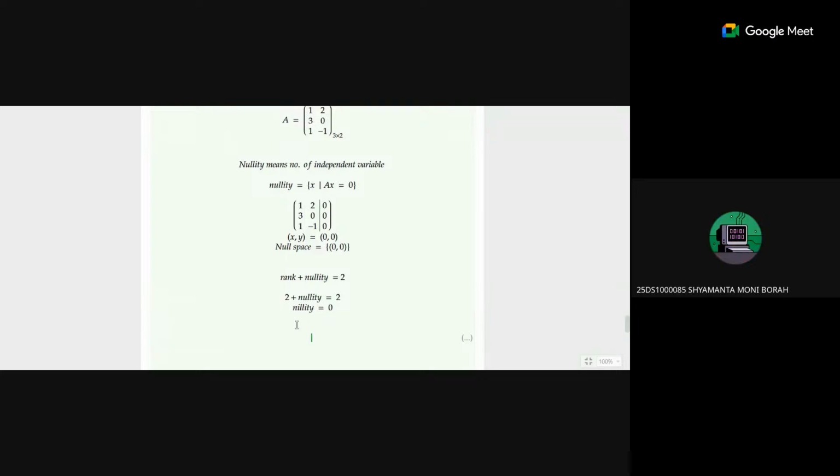And for checking onto, what are the conditions for checking onto? For one-one, the nullity has to be 0.